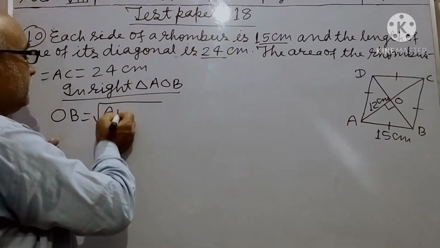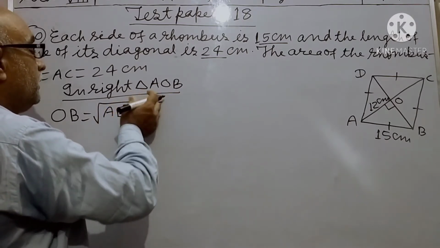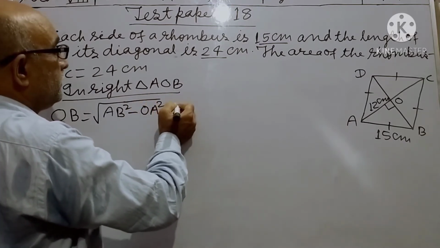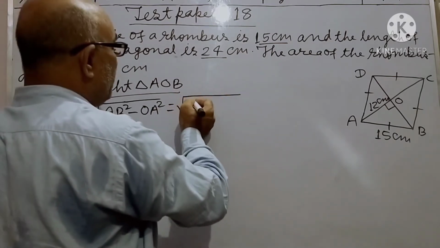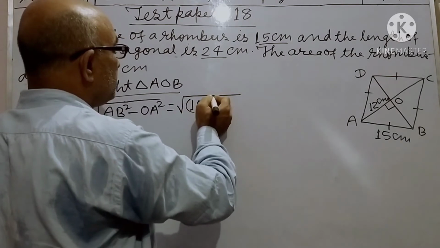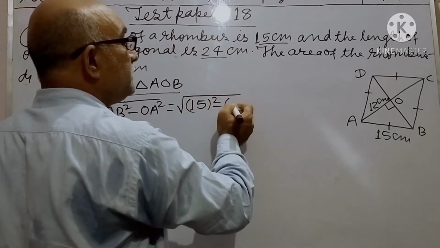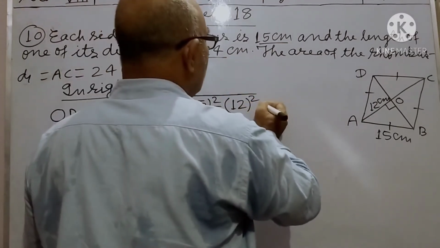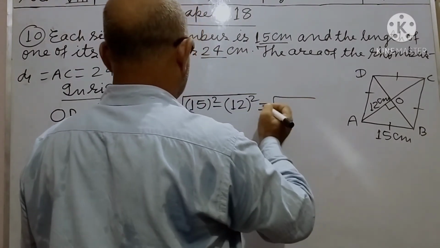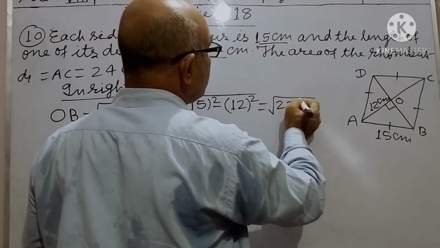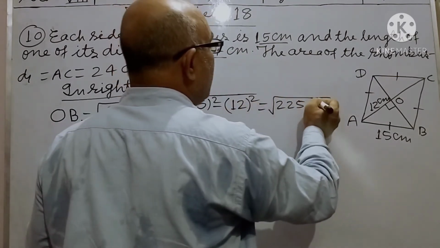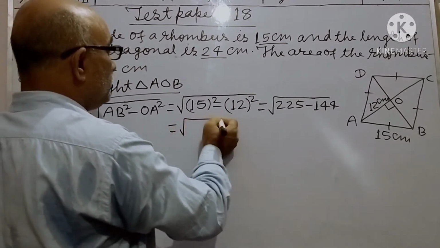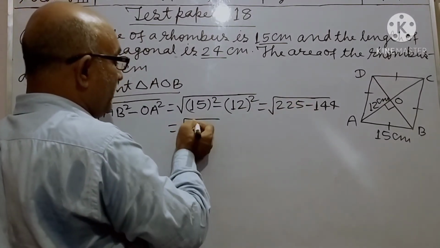So AB square minus OA square equal to under root 15 square minus 12 square equal to 15 square 225 minus 12 square 144 equal to 225 minus 144 is 81.